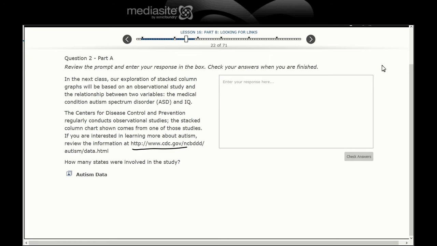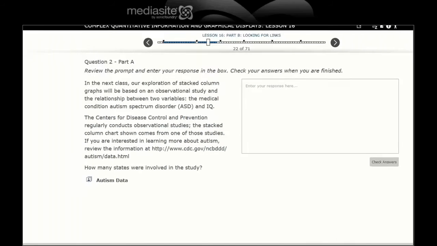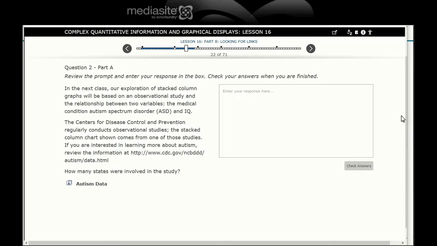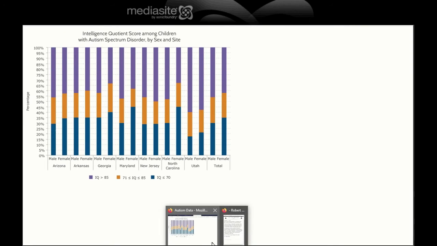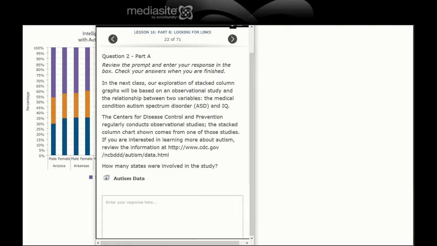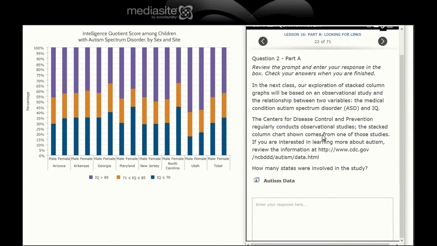Information is here, but if we just click on this, we'll get to see this data in graph form.